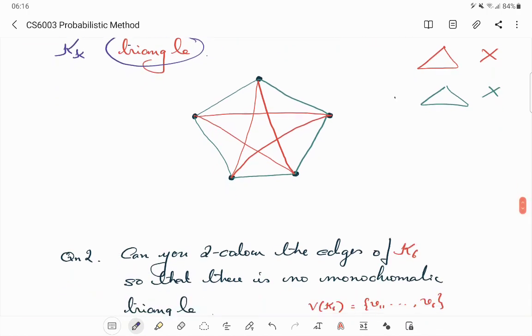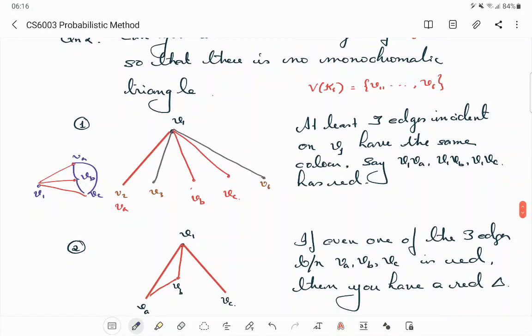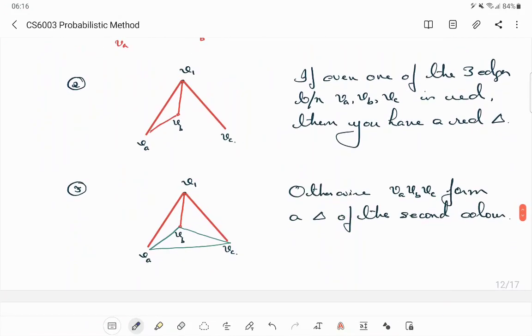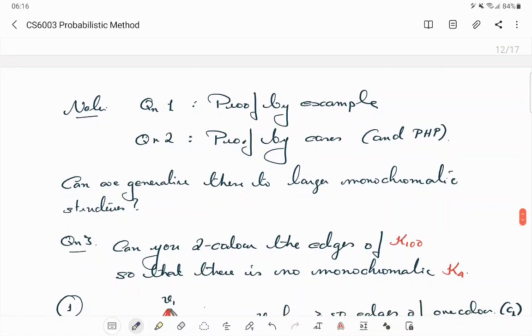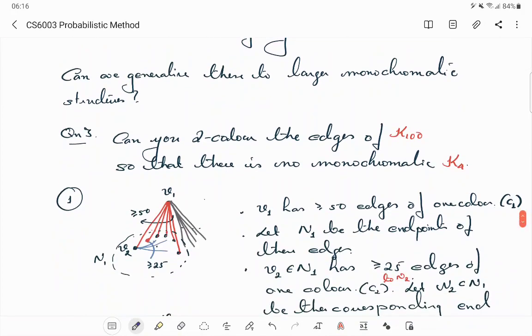But before that, let us try to generalize the approach we did here. Can we generalize these to larger monochromatic structures? I'll change this 100 later on after I figure out how to generalize our answer to question 2.